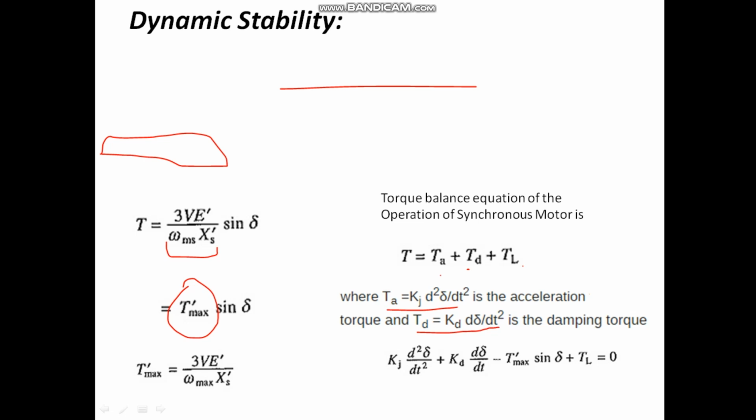When I replace the values in this equation, I have replaced TA as KJ d square delta by dt square and TD by KD d delta by dt. T is T max sine delta, plus TL equal to 0.